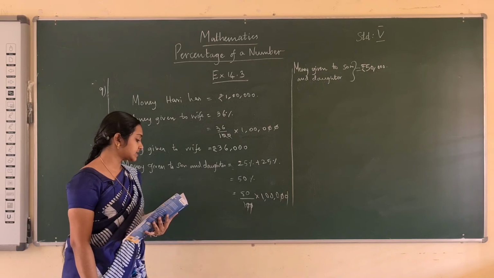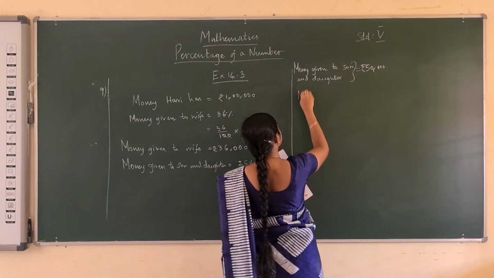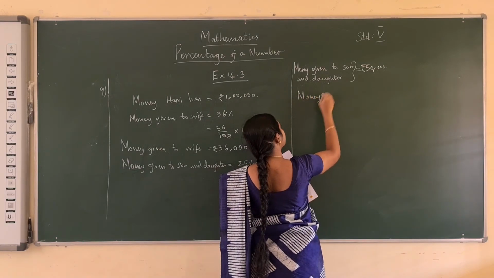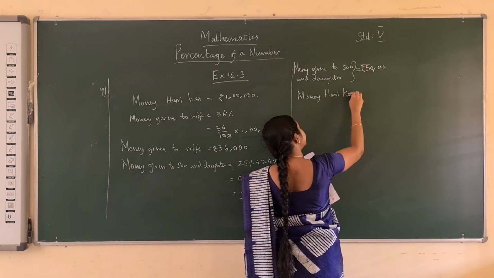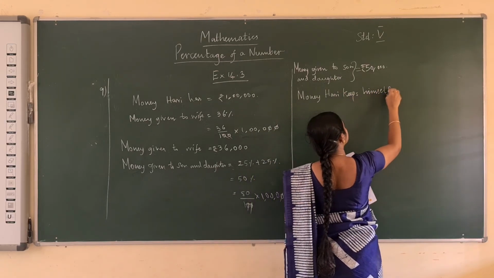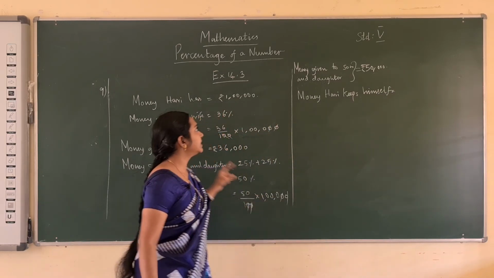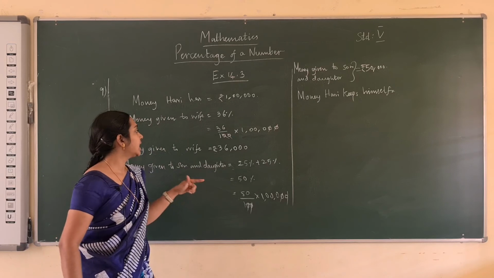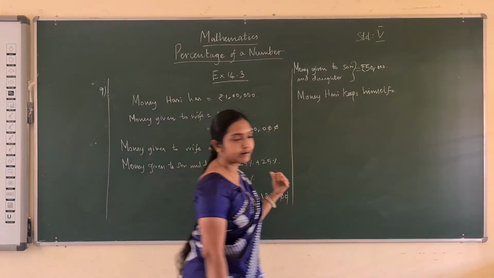We have to find how much money Hari keeps for himself. What should we do, students? We have to add the money given to son and daughter and the money given to wife, and then subtract that number from 1 lakh.